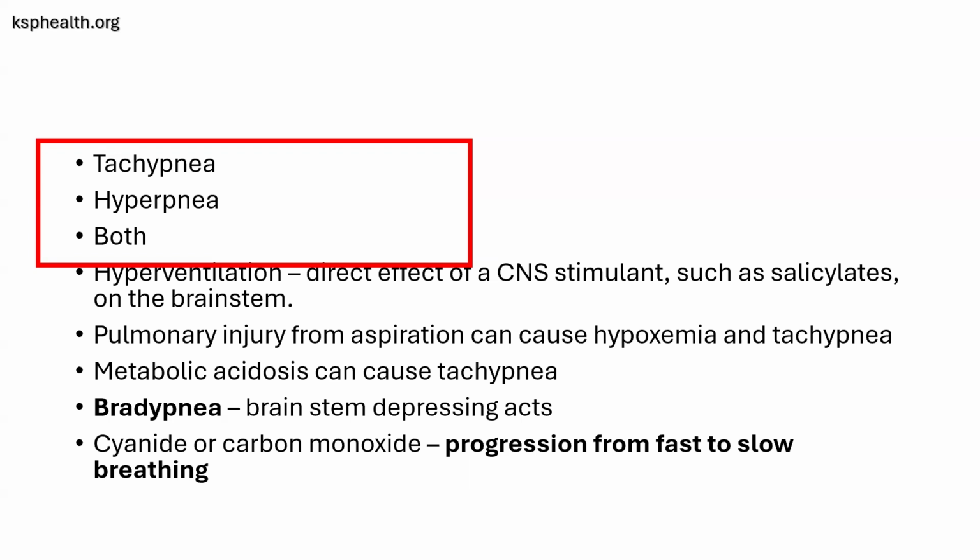Bradypnea happens because of brainstem depressing action that happens in opioid overdose. Cyanide and carbon monoxide can progress from tachypnea to bradypnea. So the rate of breathing, depth of breathing, and the dynamism that could happen from fast to slow needs to be observed.